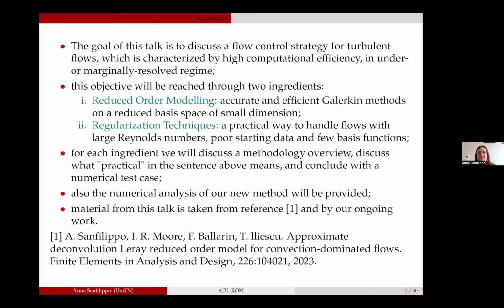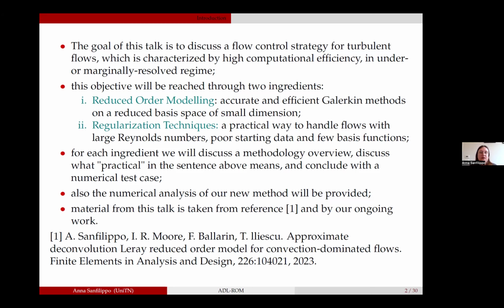Obviously, it's also a practical way to handle few basis functions, because the goal with Galerkin ROM is to use very few basis functions. For all of them, I will discuss the methodology behind and also explain what practical means in the sentence above. I will also show you a bunch of numerical test cases.